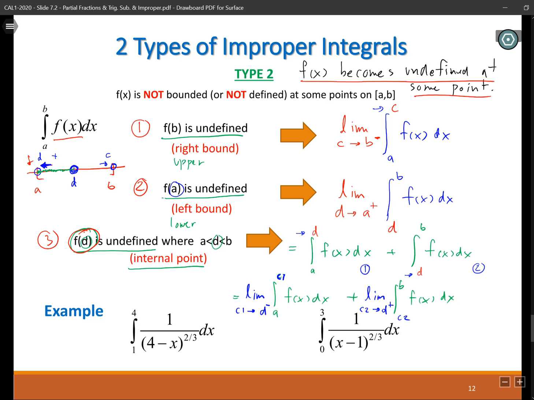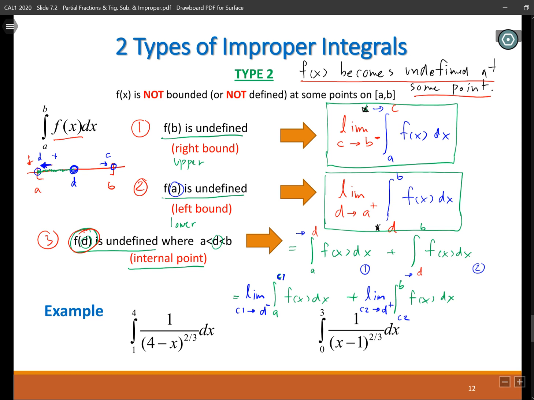Okay, so let me make a box here. Scenario 1, the problem is the function is undefined at the upper bound. Scenario 2, your function goes undefined at the lower bound, right here. The first one is at the upper bound.